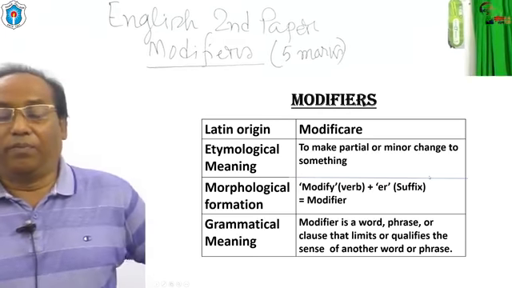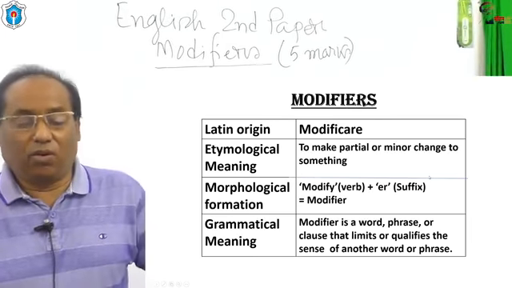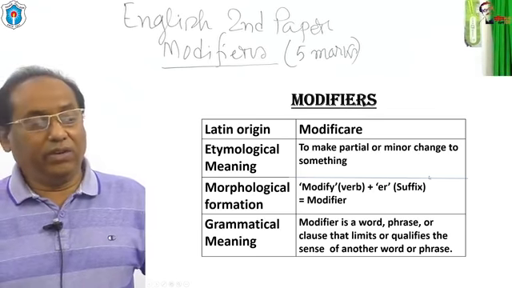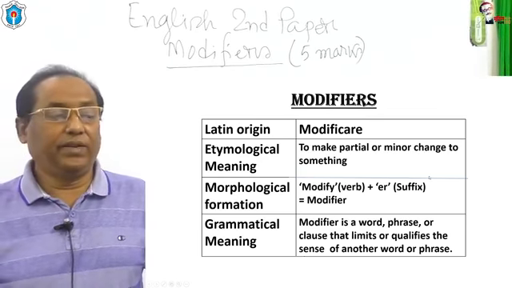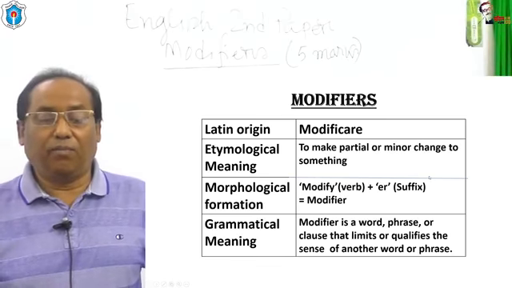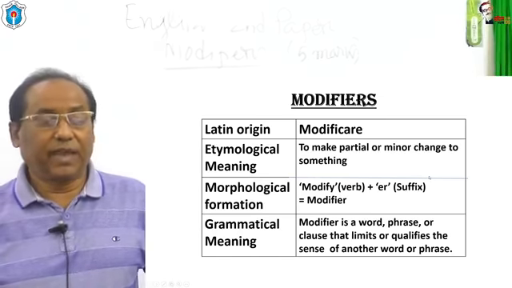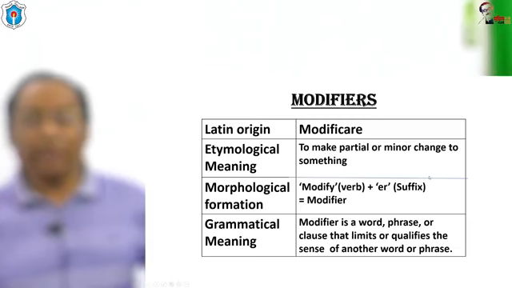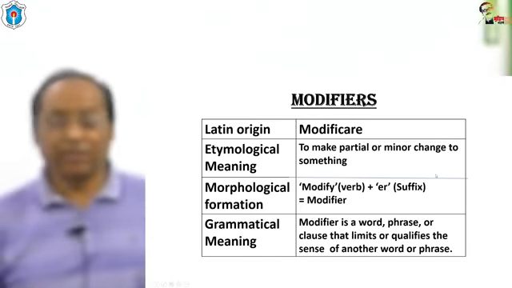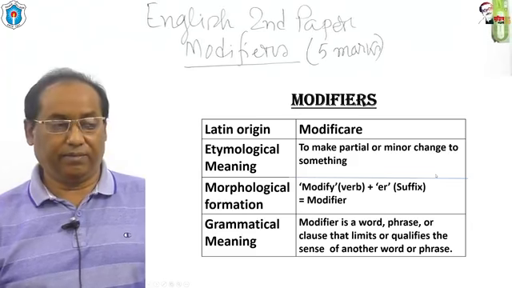And modifier, the English word, has come from a Latin origin, and it is modifica. And modifica has an etymological meaning. What is that etymological meaning?